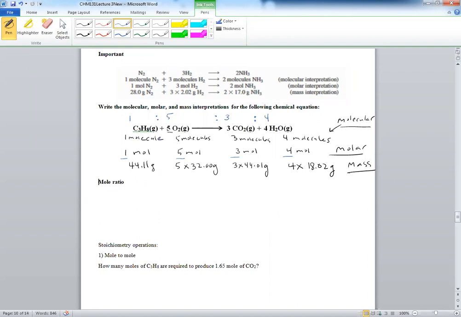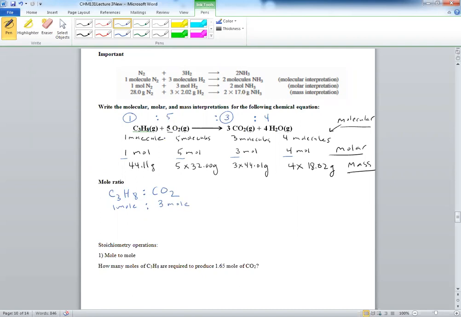If I need the mole ratio, let's say, of C3H8 to CO2, all I need to do is read these numbers. So if I have C3H8 to CO2, that ratio would be 1 to 3.